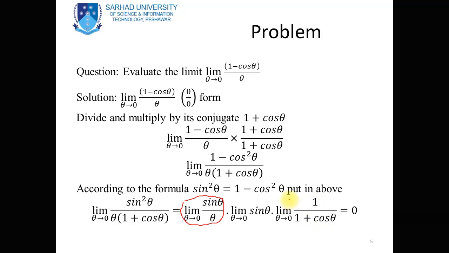So this term will be equal to 1 over 2, but this term is equal to 0 because the limit of theta is 0, theta value is 0, so sine 0 is equal to 0. So because of this term, the whole result is equal to 0. You see over here the limit is 0.